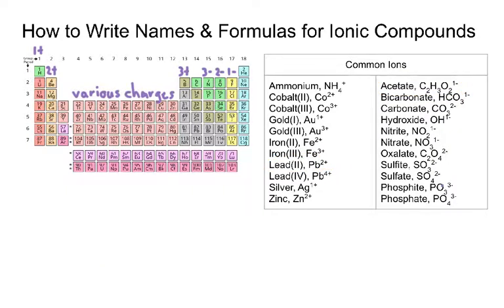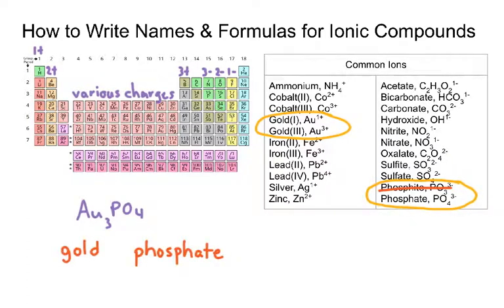Now let's go backwards and go from the formulas to the names. When we see the formula Au3PO4, we know we are talking about a compound that contains gold and a phosphorus oxygen compound. Since the formula is PO4, we know that we are talking about phosphate. What we don't know is which gold we're talking about.